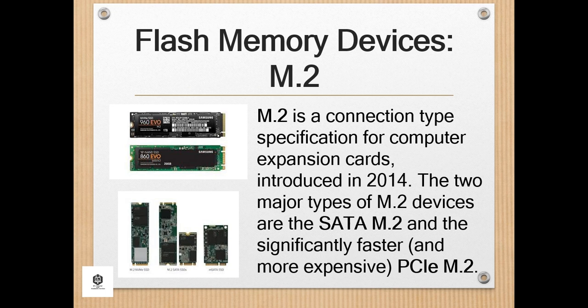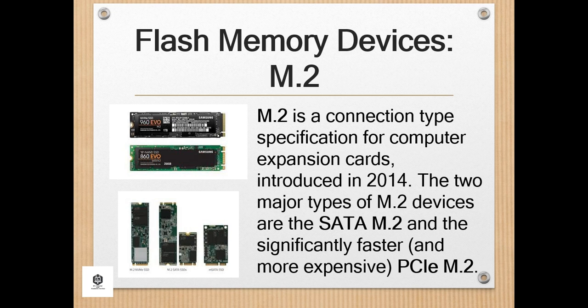M.2 is a connection type specification for computer expansion cards introduced in 2014. The two major types of M.2 devices are the SATA M.2 and the significantly faster and more expensive PCIe M.2.